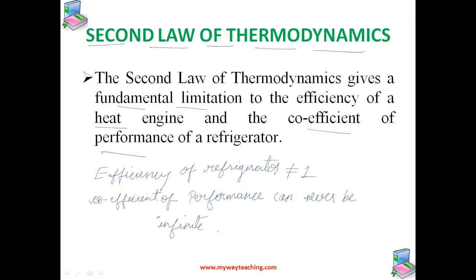This implies that the external work can never be zero. In the next part we are going to see the following two statements: one due to Kelvin and Planck, denying the possibility of a perfect heat engine, and another due to Clausius, denying the possibility of a perfect refrigerator or heat pump.